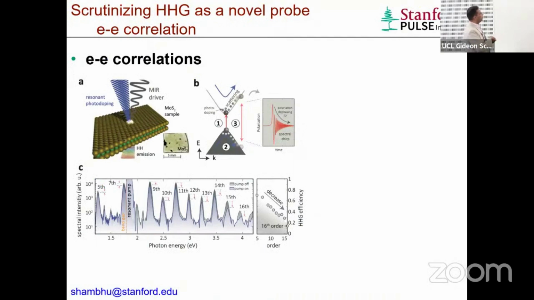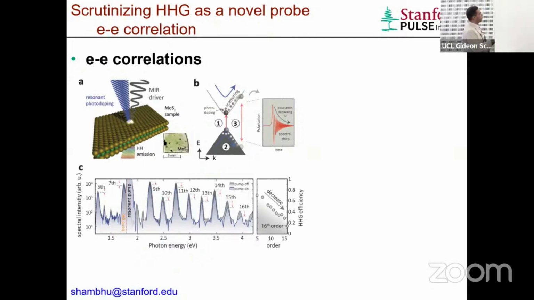Another big deal could be to probe electron-electron correlations. So this is one example experiment. Here we have again the 2D crystal MoS2. We pre-pump this MoS2 with a weak resonant excitation, and we come in with a strong mid-IR driver and produce high harmonics.